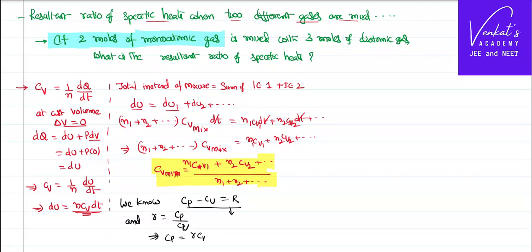Then this equation takes a new transformation: in the place of Cp, gamma Cv minus Cv equal to R. Cv is common. This implies in the place of Cv, I can write R by gamma minus 1. Once you are able to write that, I can use this relation and transform it into an altogether different format.